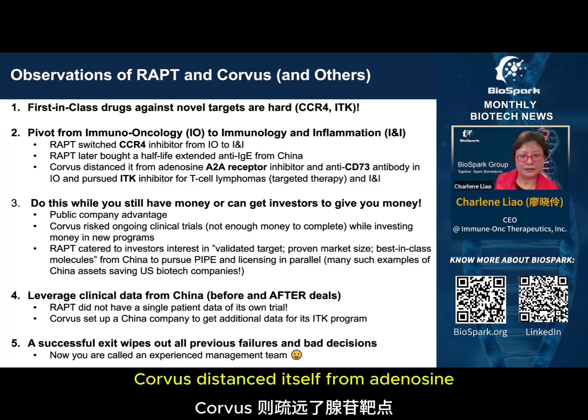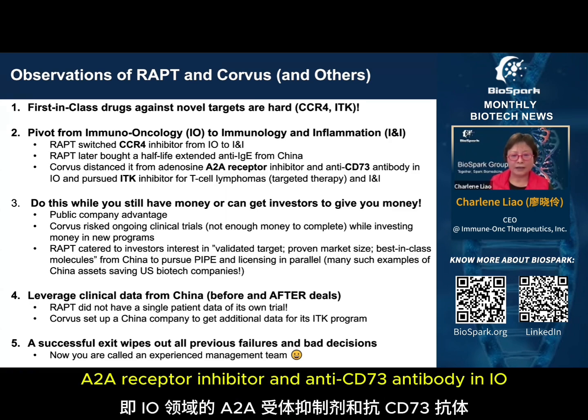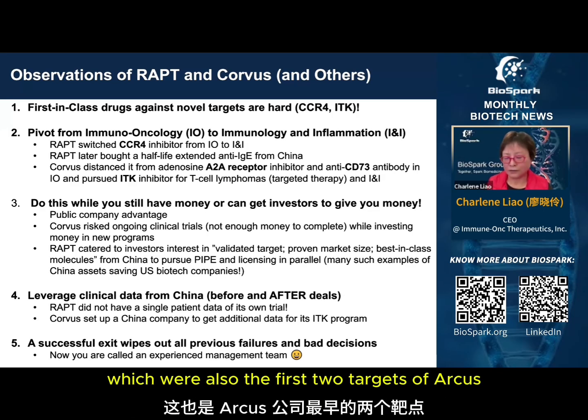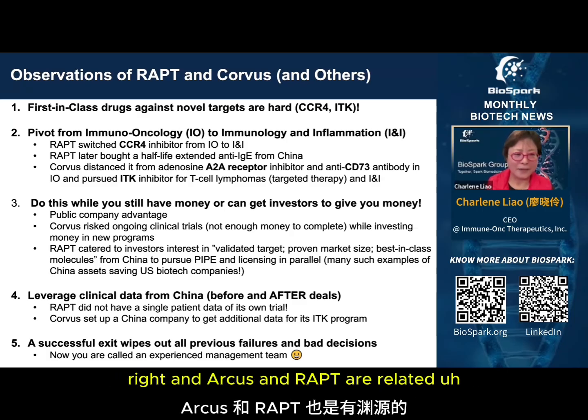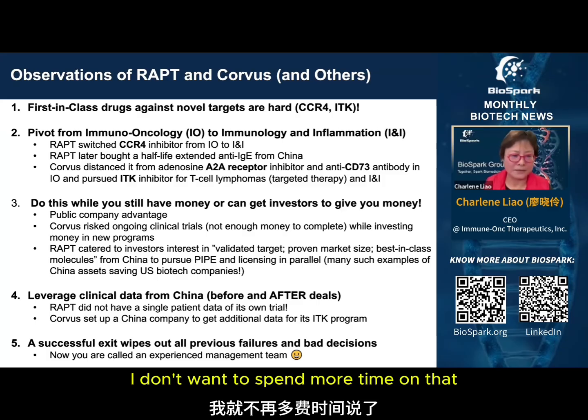Corvus distanced itself from the adenosine A2A receptor inhibitor and anti-CD73 antibody in IO, which were also the first two targets of ARCUS, right? And ARCUS and RAPT are related, as Shichang mentioned. I don't want to spend more time on that.